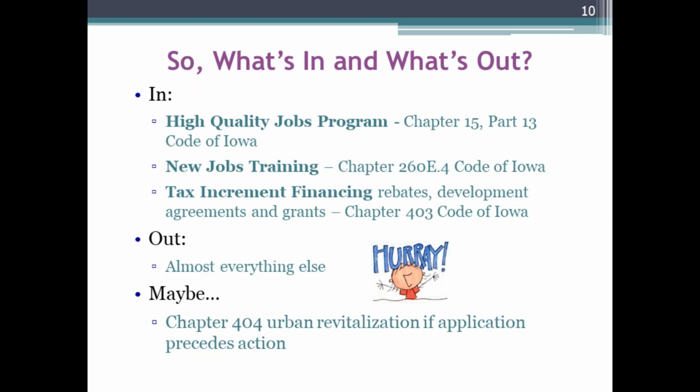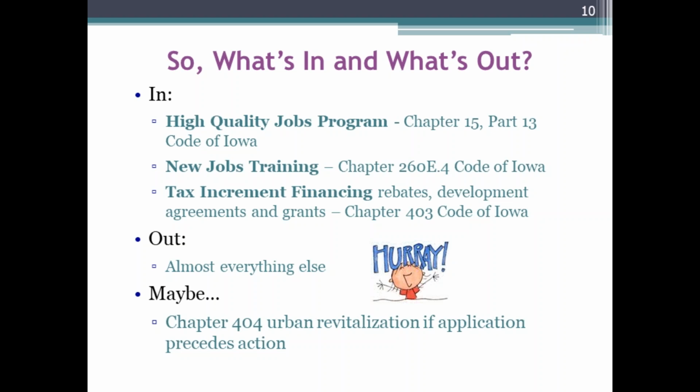There's a whole list of them that exist, but there's really just three that seem to meet the definition of GASB 77: the high quality jobs program, the new jobs training from community colleges, and tax increment financing rebates, development agreements, and grants. And that's the one that's going to impact your school districts primarily.